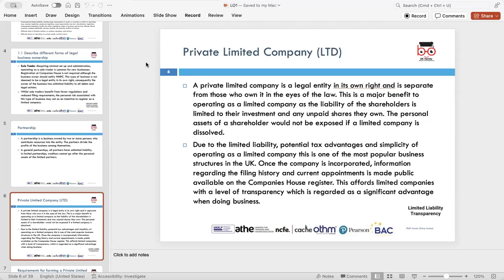A level of transparency, which is considered to be a key advantage when conducting business, is made available to limited firms as a result of this disclosure of limited liability capabilities.